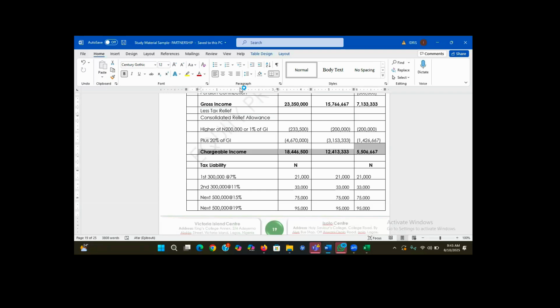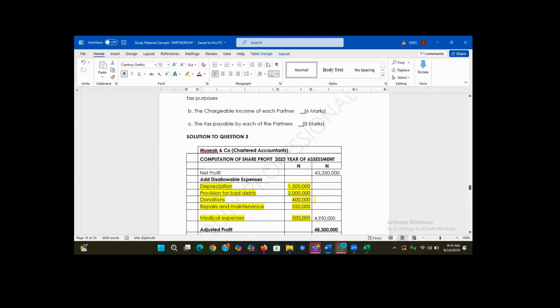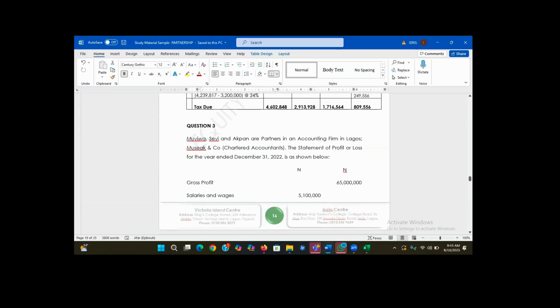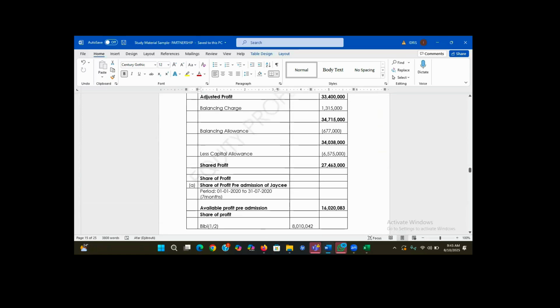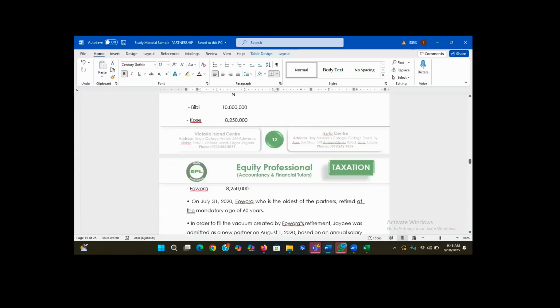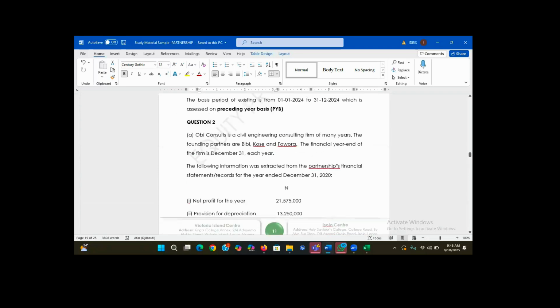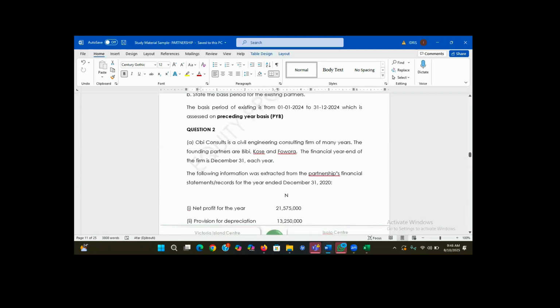So let's look at question 2. Obi Consults is a civil engineering consulting firm of many years.